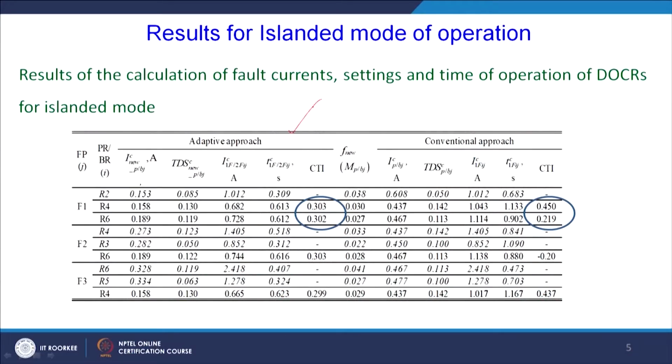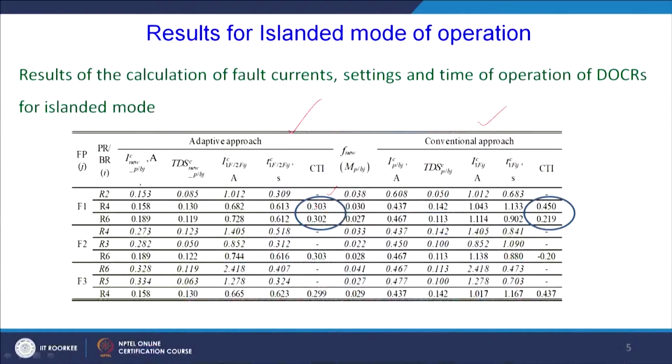Now, in this case also, in this particular table, the left side is for the adaptive approach and the second column is for the conventional approach. The same discussion applies: the CTI target is 0.3, the coordination time interval should be equal to 0.3. Here also it is 0.303 for this particular fault F1.